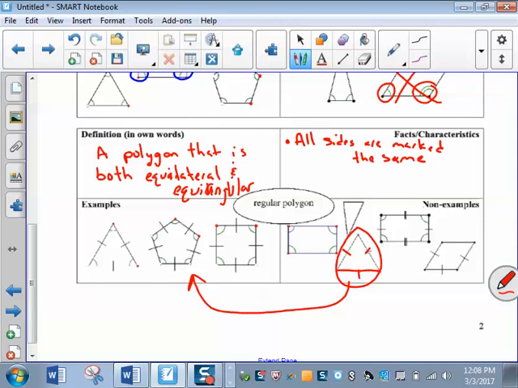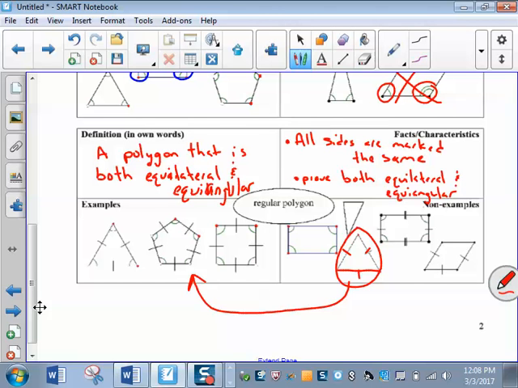They all have to have a mark, and that mark has to be the same in every angle and on every side. Right? And you need to prove both equilateral and equiangular. Do not assume if it's one that it's both. It can be one or the other.